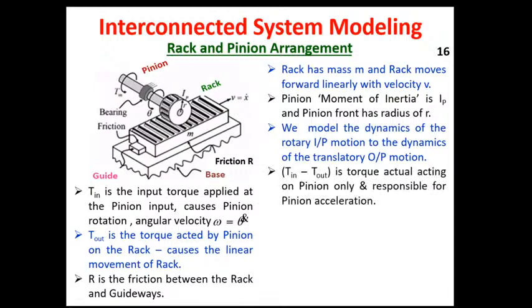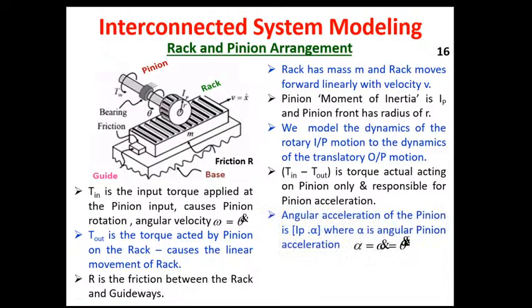T in minus T out, as explained, is the torque actually acting on the pinion and responsible for the pinion acceleration. So T out is always less than T in, and T in minus T out is the pinion accelerating torque. It was also explained previously that the angular position of the pinion is theta, the angular velocity of the pinion is theta dot, and the angular acceleration of the pinion is theta double dot.